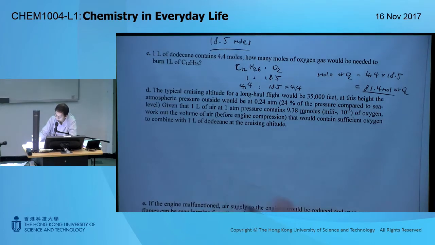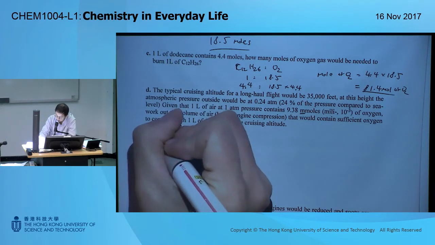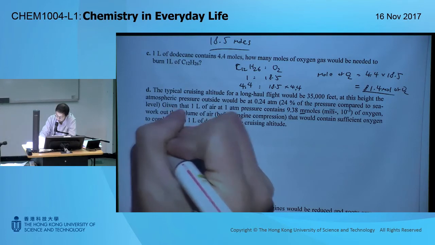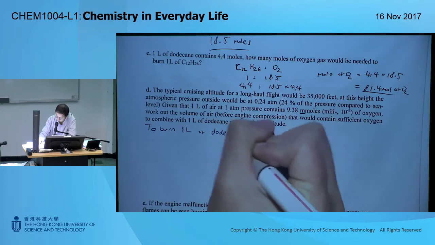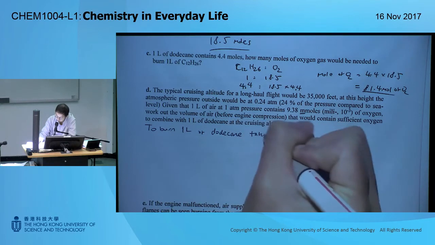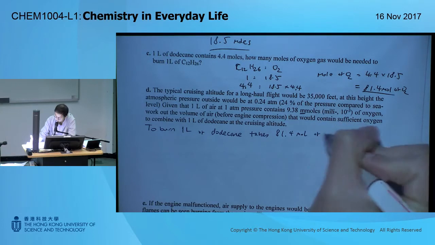So, complex question, right? Very complicated one. You need to go back a few steps. Firstly, you know that to burn 1 liter of dodecane takes 81.4 moles of O2.